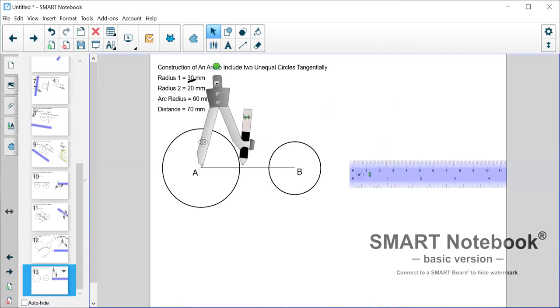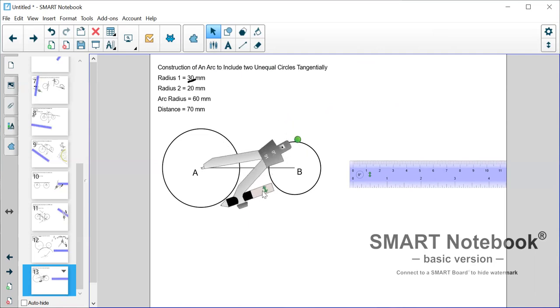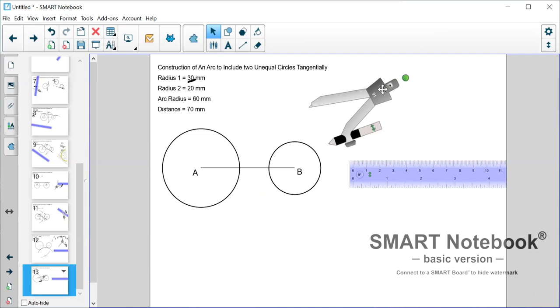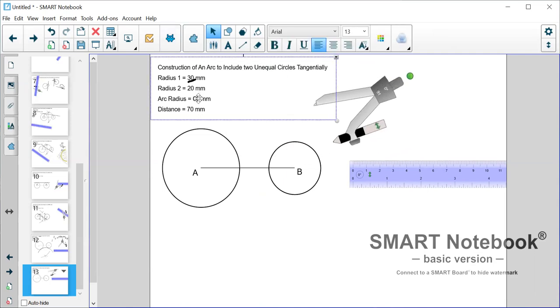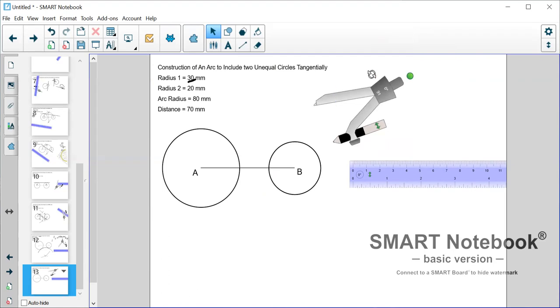Now what happens? That will give you the same point or the same circle. So let me adjust the arc radius in this case to 80, just so that we have a different point.